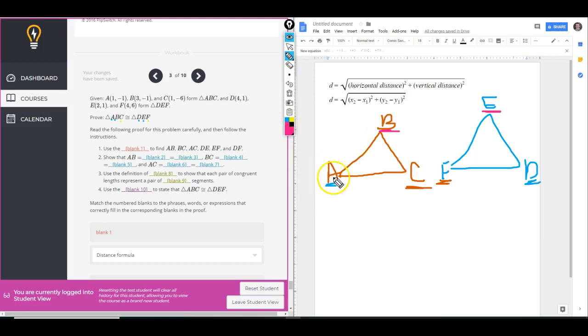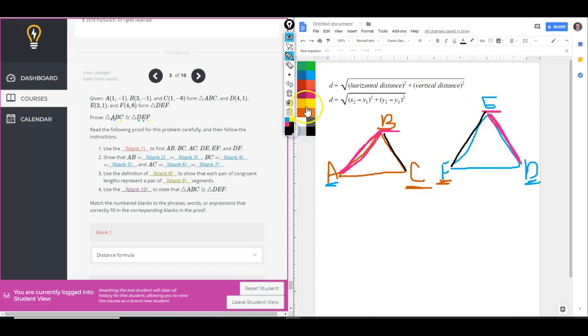So A to B, that side length, is going to be corresponding to the side length that goes from D to E, because those are its corresponding points. Side length B to C is going to correspond to side length E to F, because those are its corresponding points.